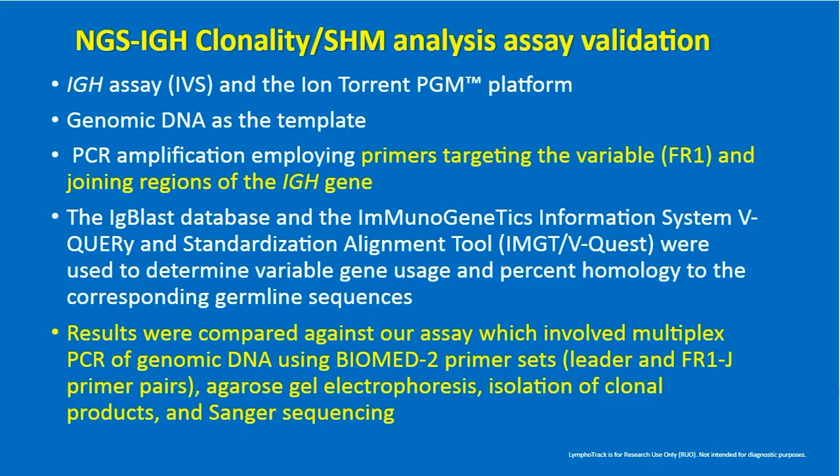After sequencing, we do the analysis with the IMGT tools. For the validation study, we compared with our PCR assay, which used the leader sequence and FR1 with traditional PCR gel electrophoresis and Sanger sequencing methodology.